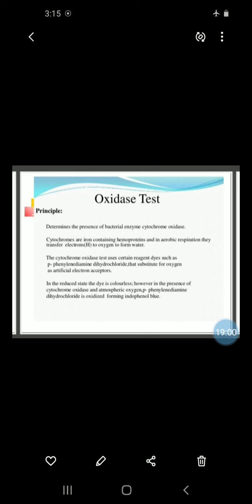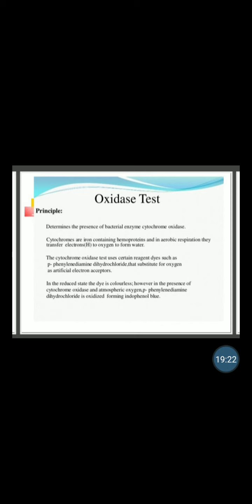Then we will see the oxidase test. Let us see the principle of this test. It determines the presence of the bacterial enzyme cytochrome oxidase. What are cytochromes?